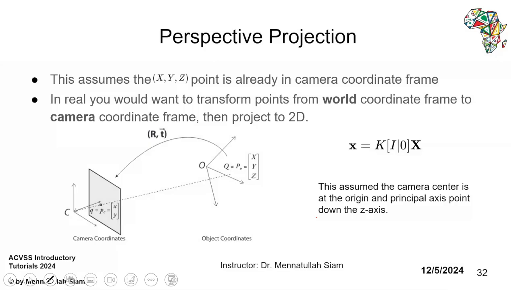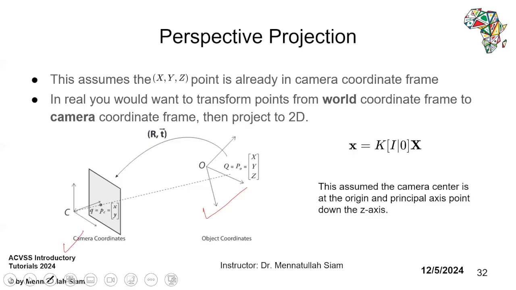Here, what we're looking for is how to go from the world coordinate frame to the camera coordinates.